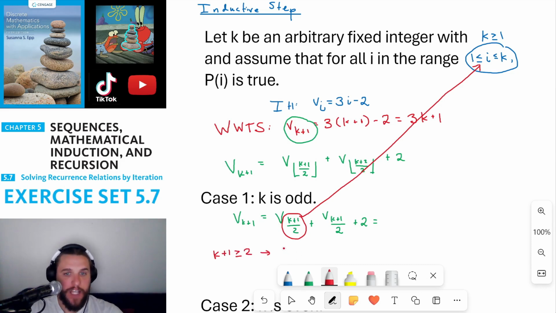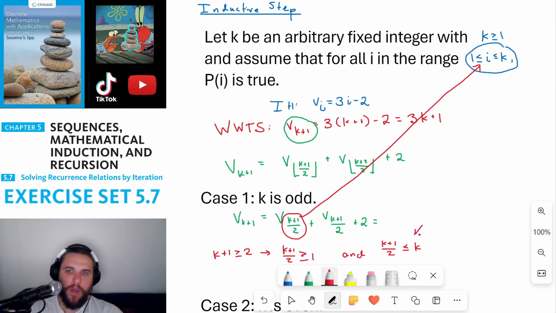And if we divide both sides by 2, we get (k plus 1) over 2 is greater than or equal to 1. Moreover, since k is greater than or equal to 1, that means (k plus 1) over 2 is less than or equal to k. If you cut something in half, you're usually going to make it smaller. And that's particularly true here when k is greater than or equal to 1.